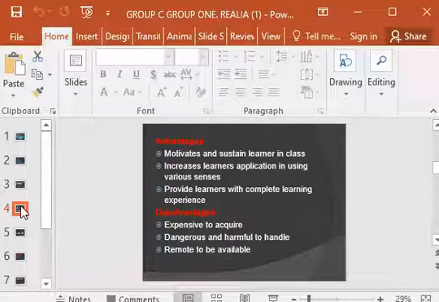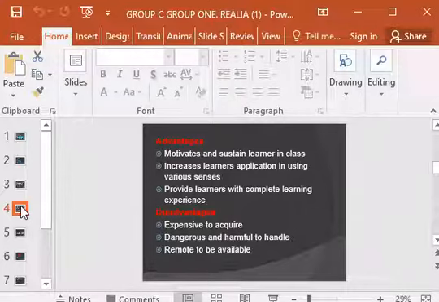So I'll look at some of the disadvantages of this kind of teaching aid. The first one is that it is sometimes expensive to acquire, because some of the realia teaching aids are expensive. For example, if you are to use an aeroplane, then you have to use a lot of money to buy one.